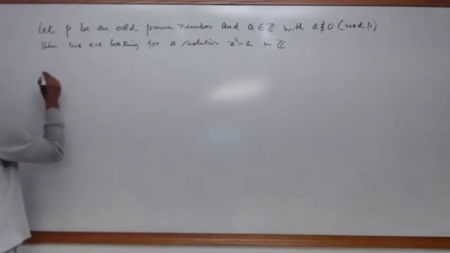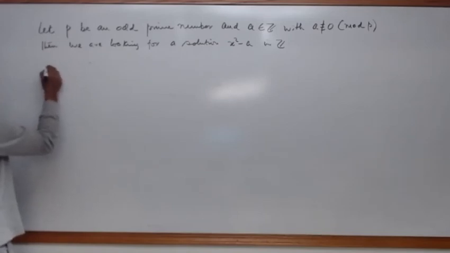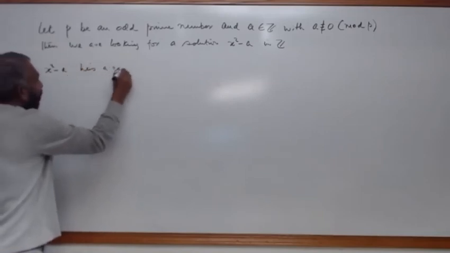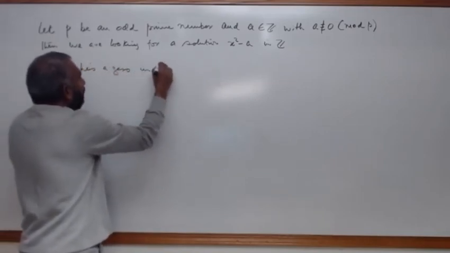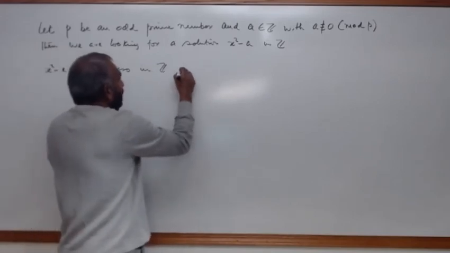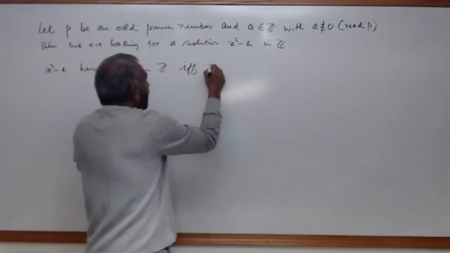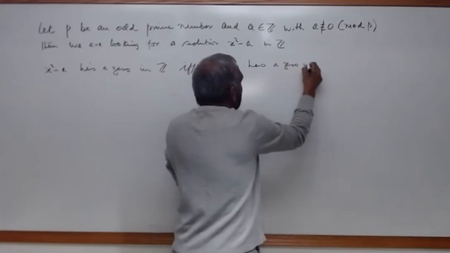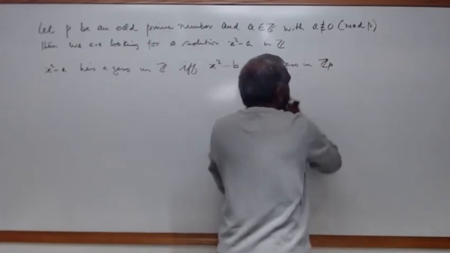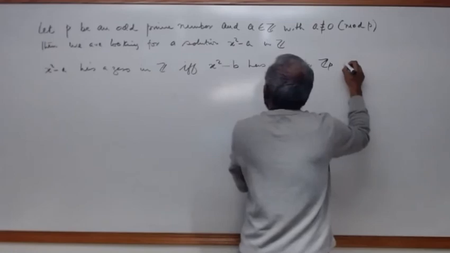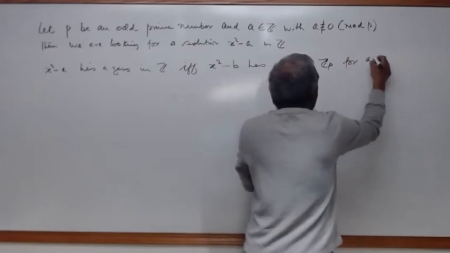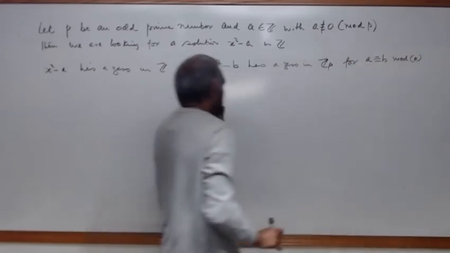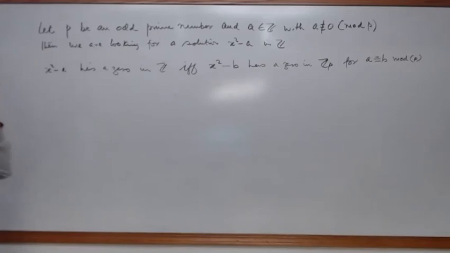So let us see what happens. So x square minus a has a 0 in Z if and only if x square minus b has a 0 in ZP for A equivalent to B mod P. That is obvious.